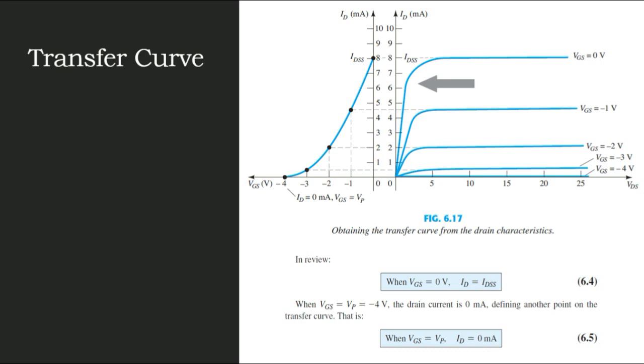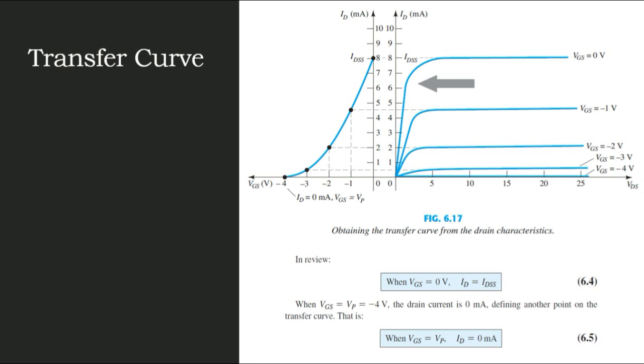Now first of all, when we see equation 6.4, when VGS is equal to 0, then the drain current will be equal to IDSS. We have already discussed this point many times, in figures, in equations, and in theory.